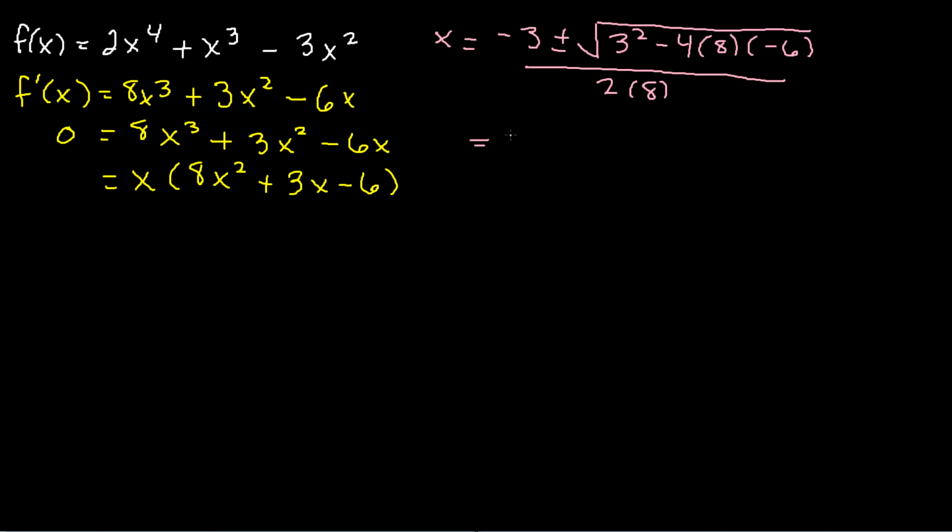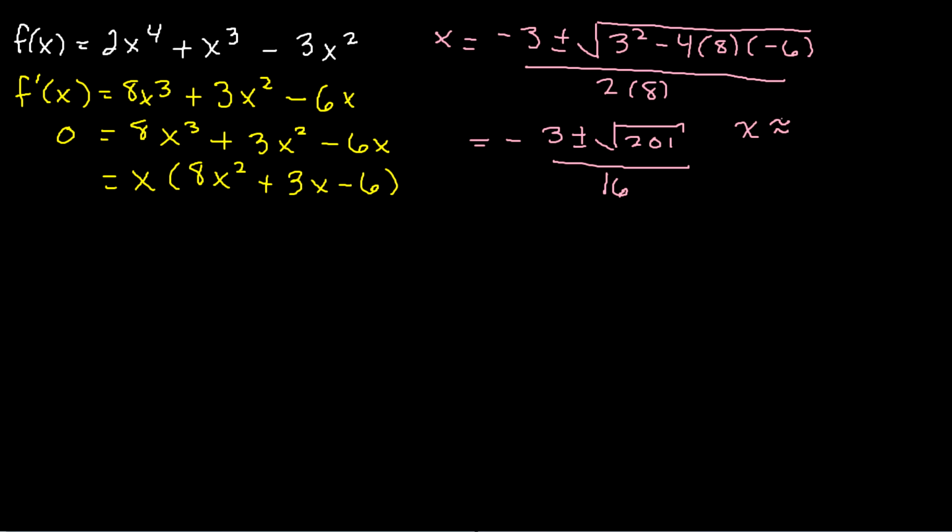And when we simplify, we get that x equals negative 3 plus or minus the square root of 201, all over 16. Now in this case, I would definitely round a little bit. When I have to round this early in the process, I like to keep at least 4 decimal places. So x is almost equal to, right?